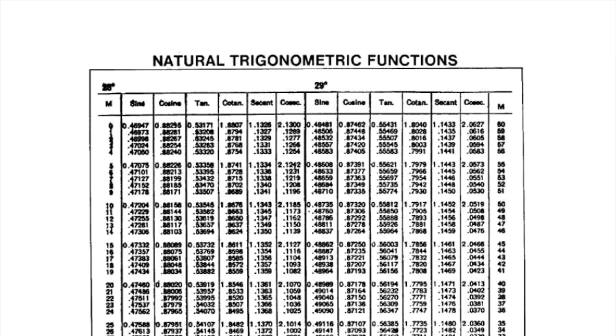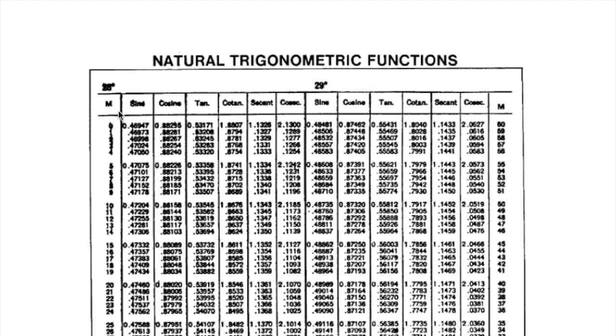So all I did was search in Google, trig table, and I found a bunch of PDFs that show me the table that I actually used in a textbook when I was in high school, even though, yes, calculators did exist when I was in high school. But we did reference these tables from time to time.